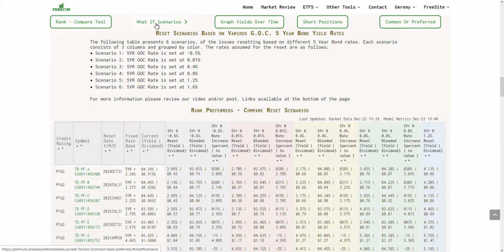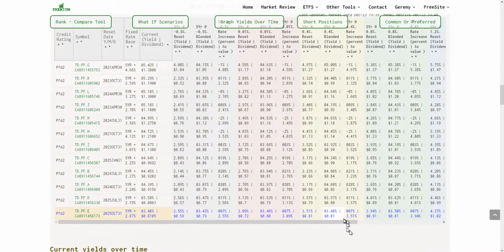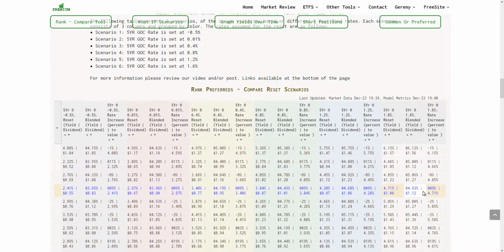Sort the table by current yield. TD PFG is now at the top. Go to the very right of the table to see the projected yield for scenario 6. The 5-year Government of Canada bond rate is set at 1.6%. You can now see the best case scenario is for a blended yield of 6.12%.